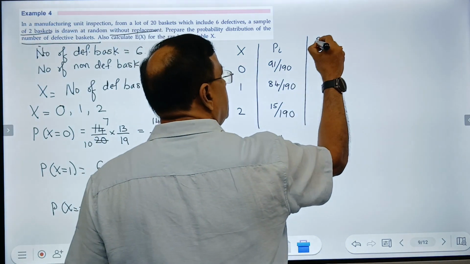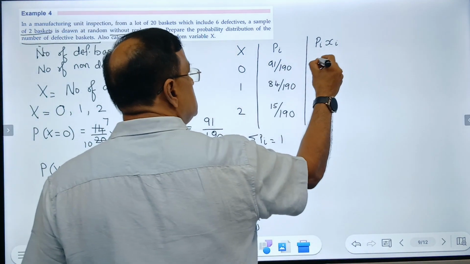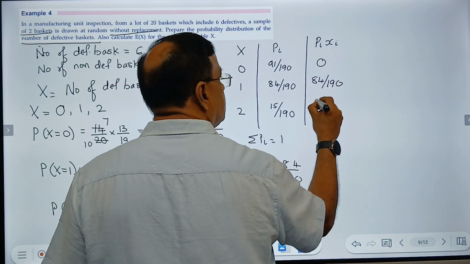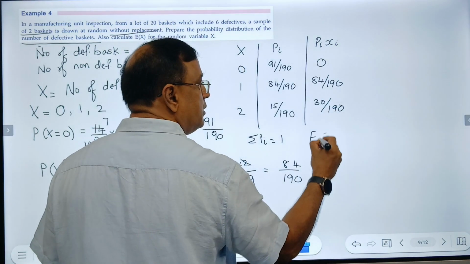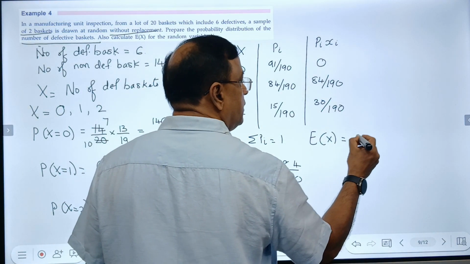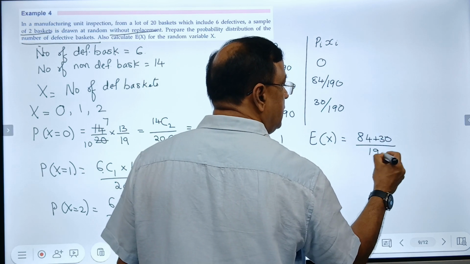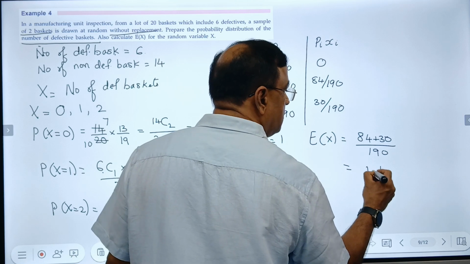So now you find Pi Xi. Xi is the random variable, Pi Xi. This will be 0, this is 84 by 190, this is 30 divided by 190. So the mean is nothing but 84 plus 30 by 190, which comes to 114 by 190.